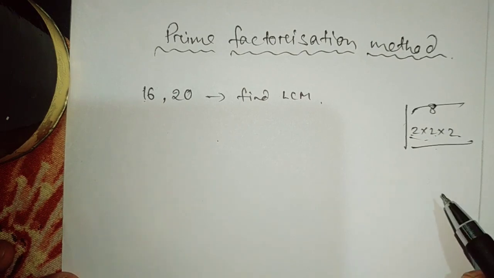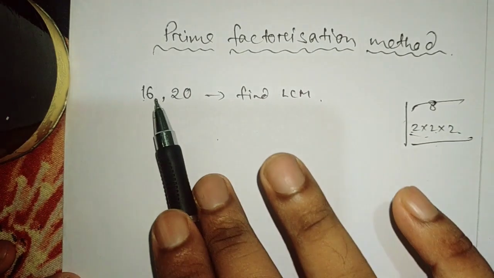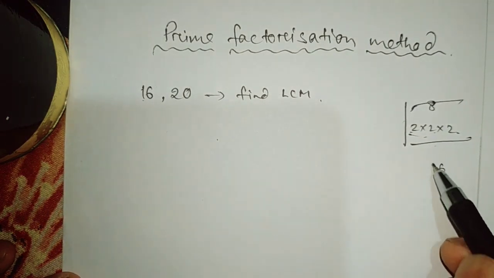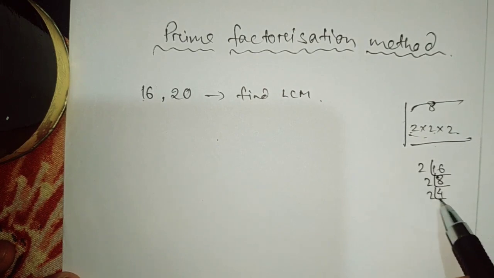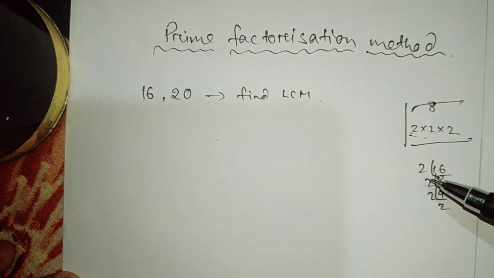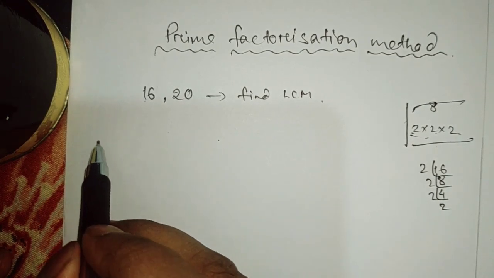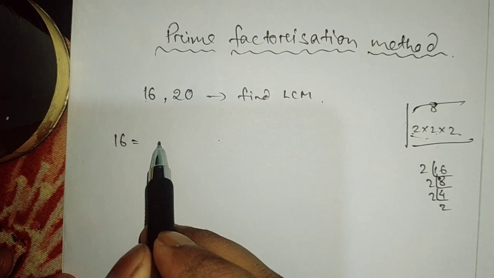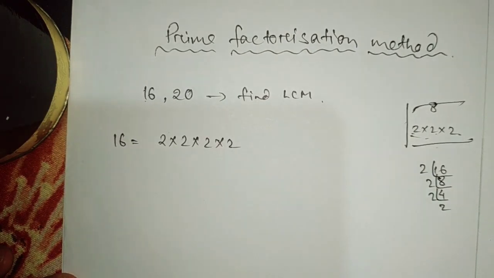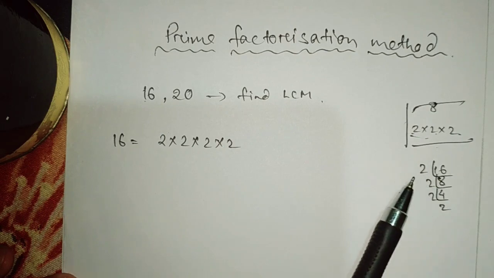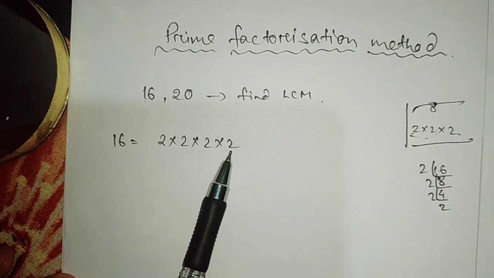On the rough side, work out 16. 2 eights are 16, 2 fours are 8, 2 twos are 4. So how many 2's are there? 1, 2, 3, 4. So we can write 16 as 2 into 2 into 2 into 2.